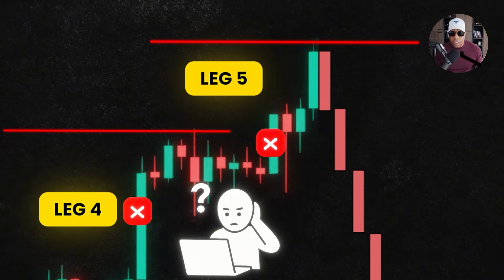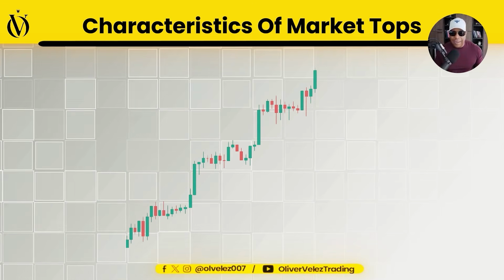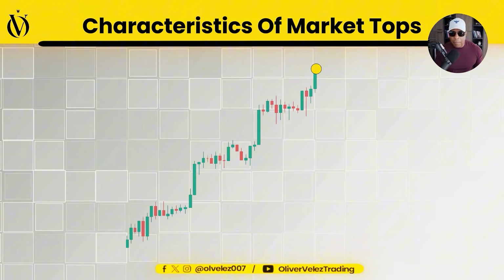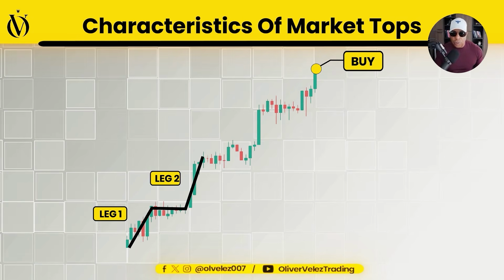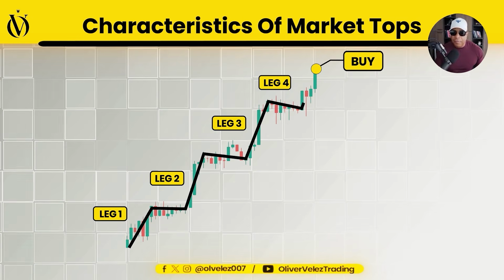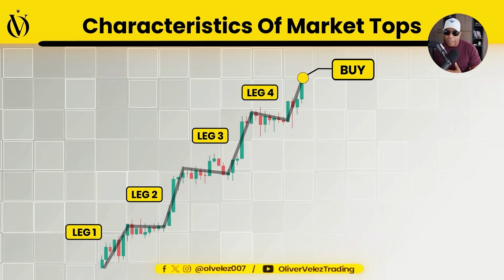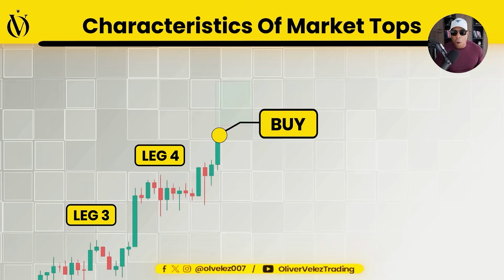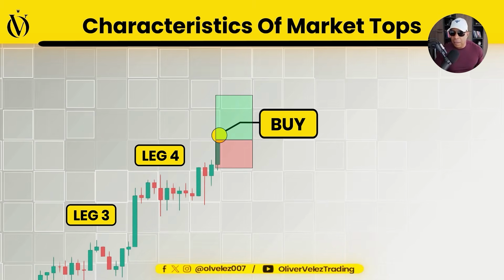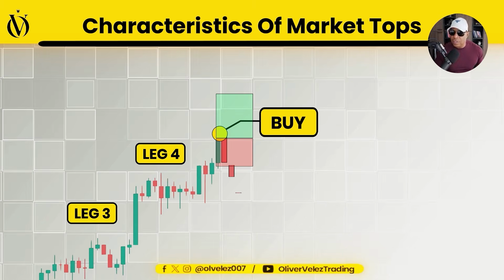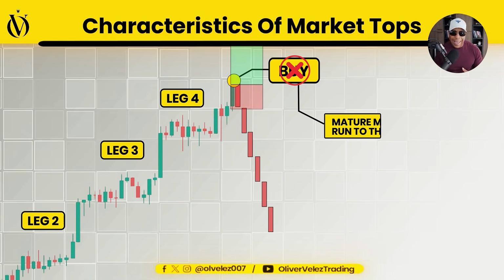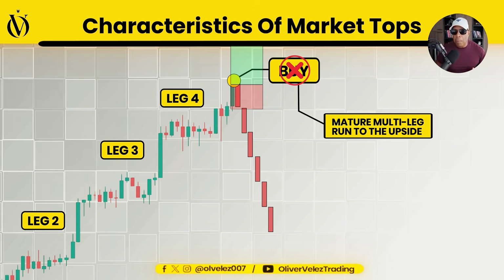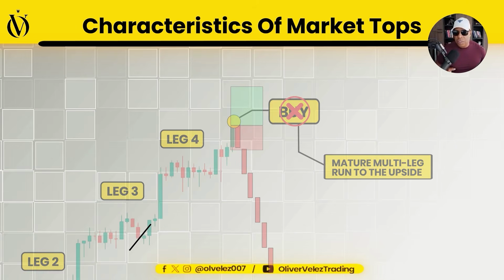So if a stock runs up over several legs here and a trader's going to buy this leg when it is leg 1, leg 2, leg 3, leg 4, not knowing that there's a lot smaller upside from here than there is downside to go, because you're already buying into a very mature multi-leg run to the upside.